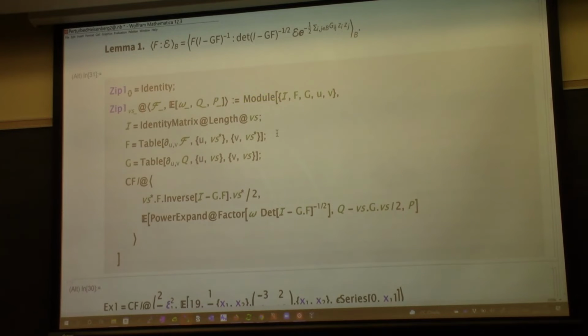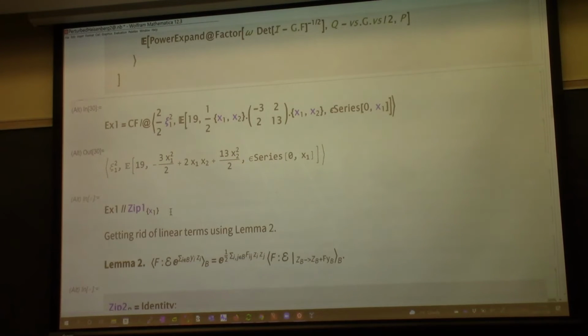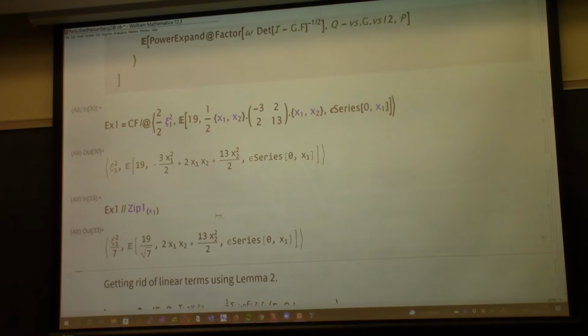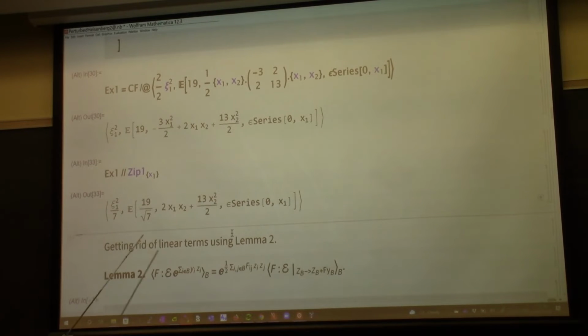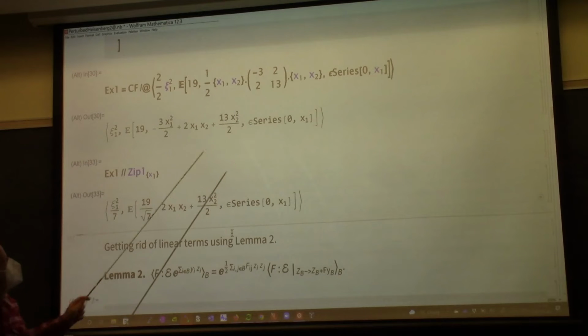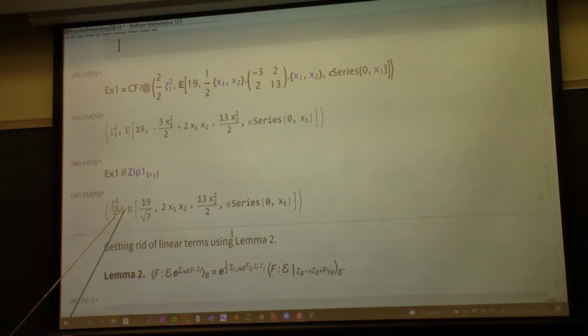So anyway, I run it, and now I apply zip 1, and indeed we got 7s. So if we wanted to zip psi1 squared against that, the result is we would still need to zip psi1 squared over 7, right?